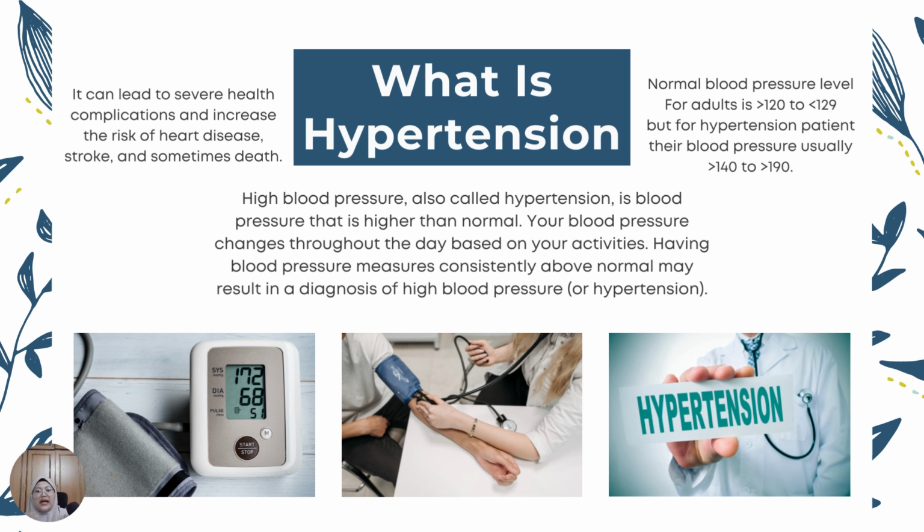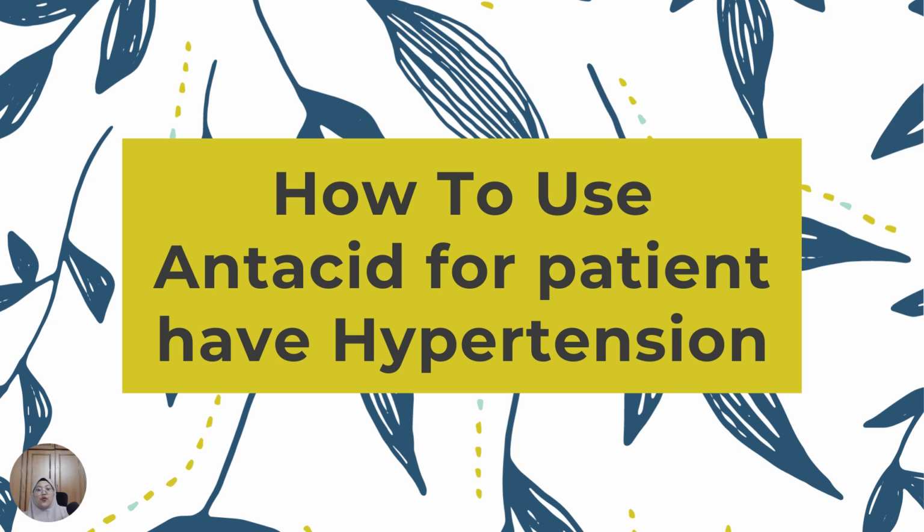But for a hypertension patient, their blood pressure is usually more than 140 to just higher than 190. Yes, it can reach that high. It's very scary, so we need to take care of ourselves.